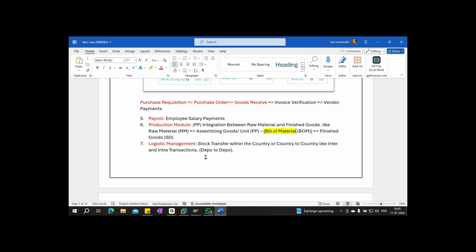Example, depot to depot, plant to depot. So from one location to another location, one country to another country. Here depot means plant.